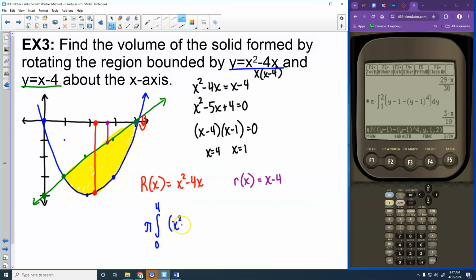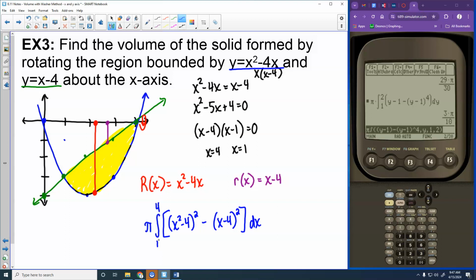We'll have x squared minus 4x, squared, minus x minus 4, squared. Oh, I'm sorry, it should be 1 to 4. You're exactly right. I let them trick me with their bad answers. Yeah, it should be 1 to 4.